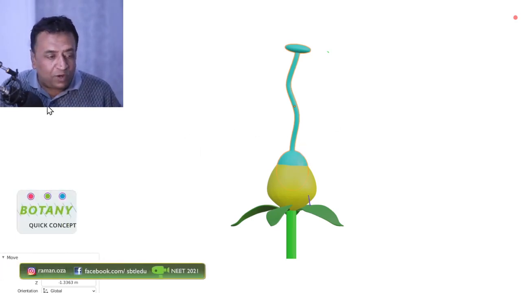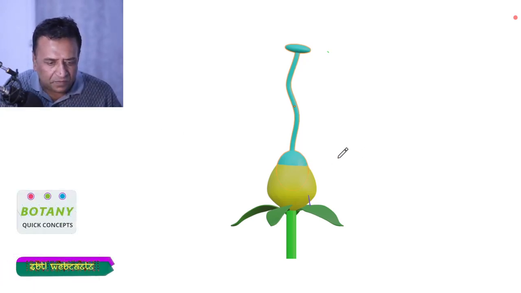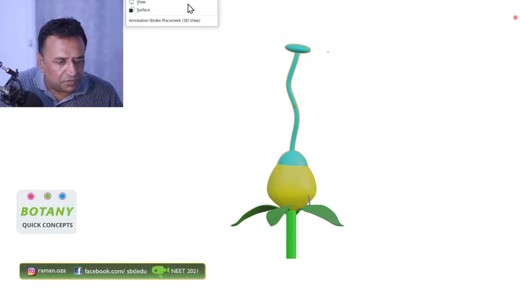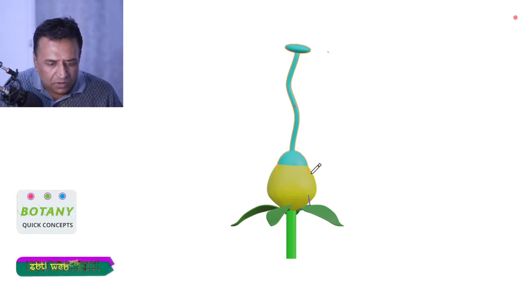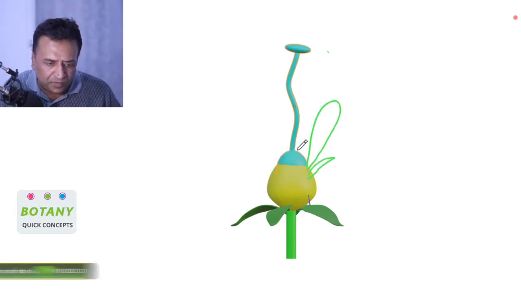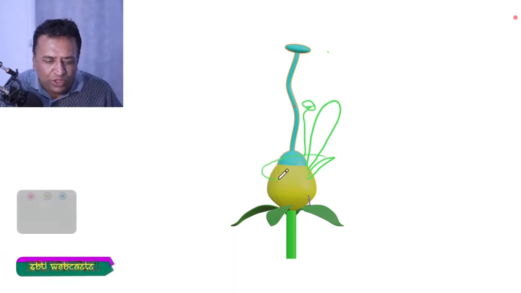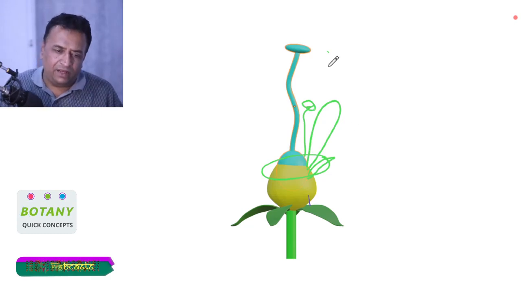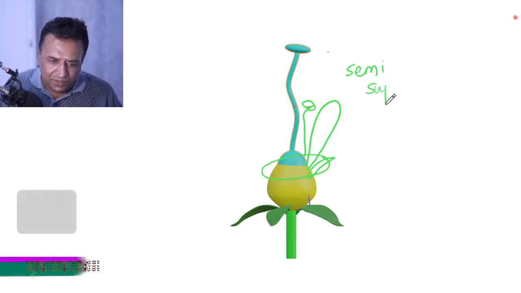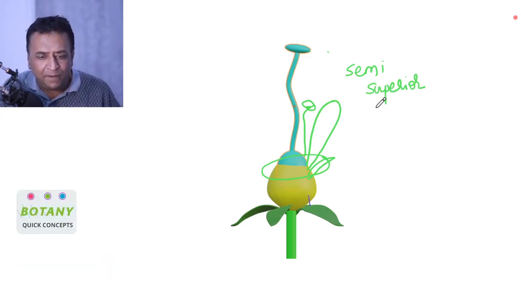the other floral whorls, means the calyx, corolla, and androecium, they will be around the ovary, and such an ovary is semi-superior, or you can call it semi-inferior as well.